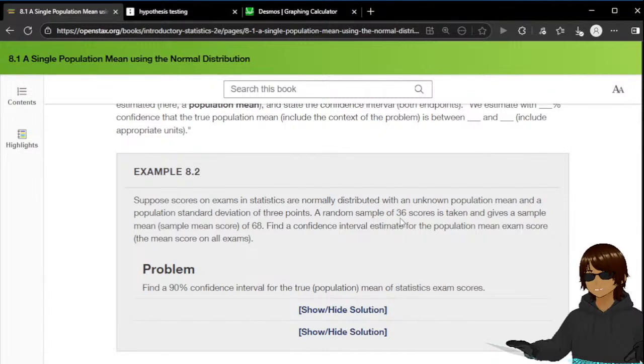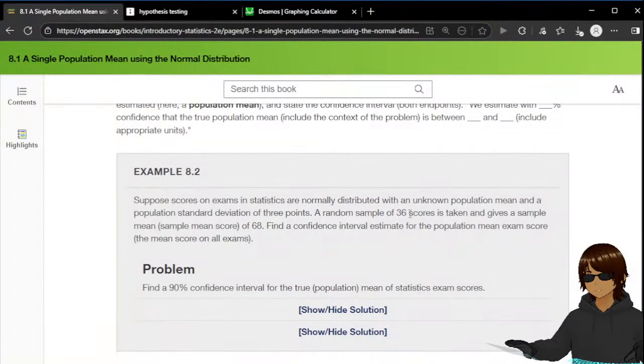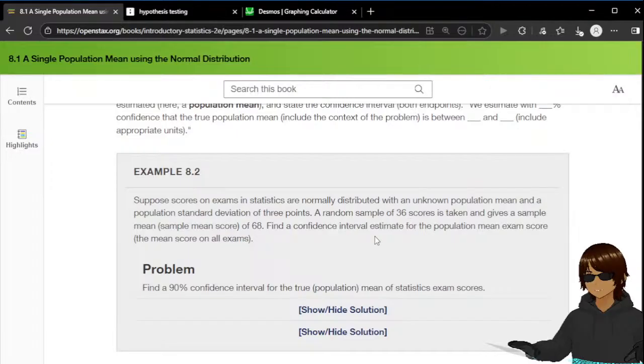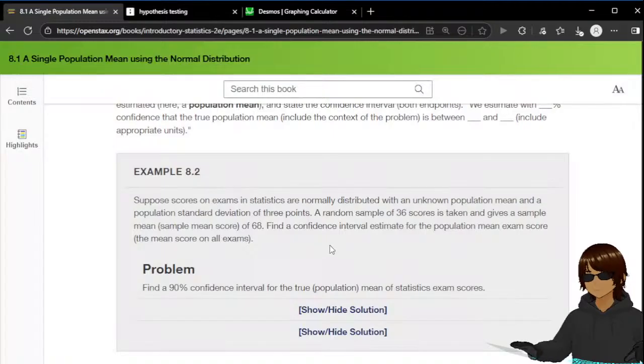A random sample of 36 scores is taken and gives a sample mean of 68. Find the confidence interval estimate for the population mean exam score.